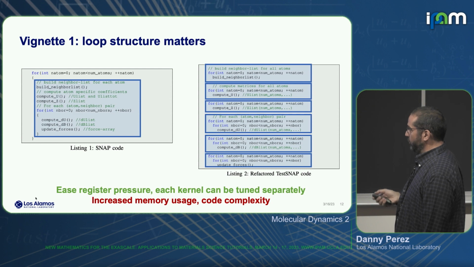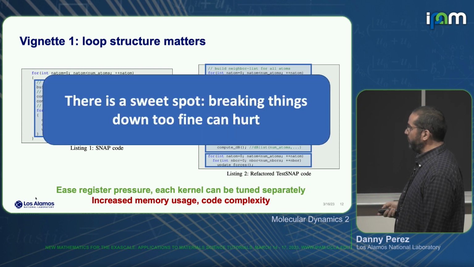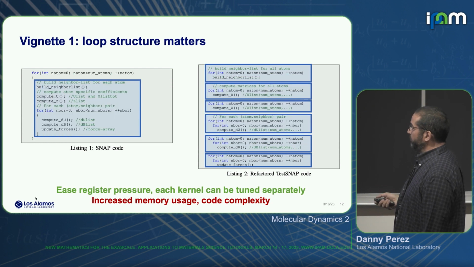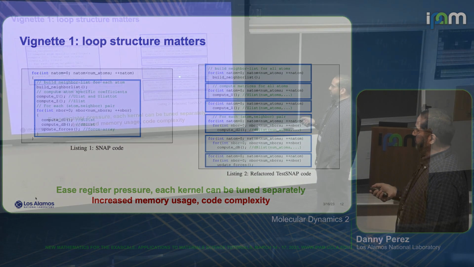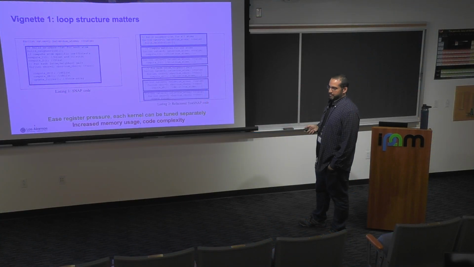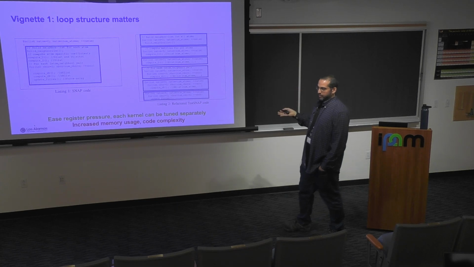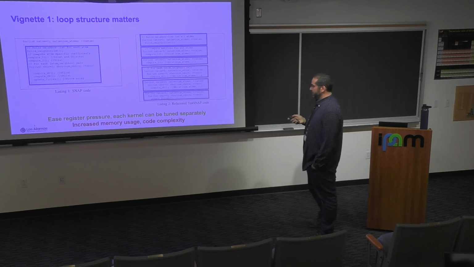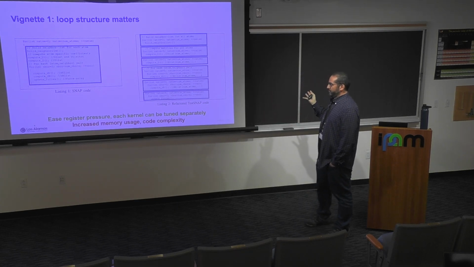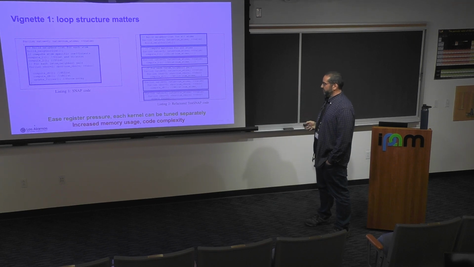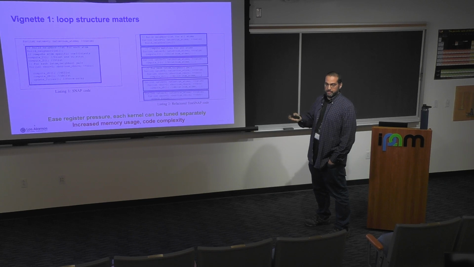But it also makes your code pretty messy. And what makes it even more complicated is that, seeing this, you might think that the smaller the kernels, the better. But of course, it's not true. At some point you can overdo it, and things go bad. So there's really a huge space of optimization that you might think of doing, and it's really not clear which of them is going to work or not. So you just have to try it.